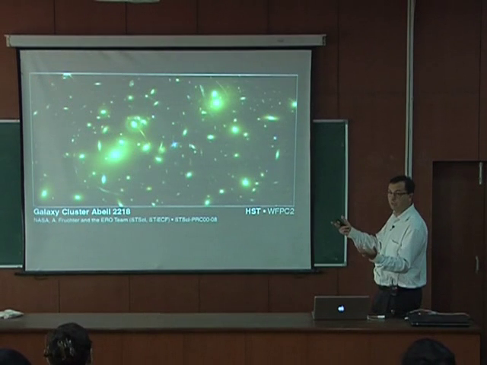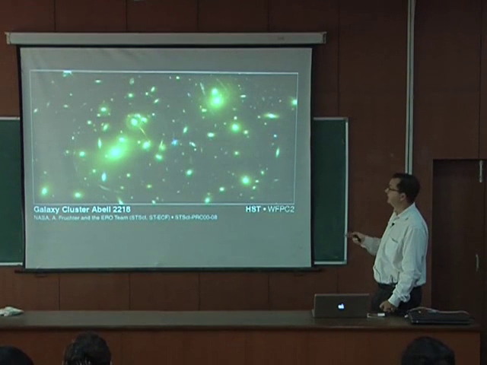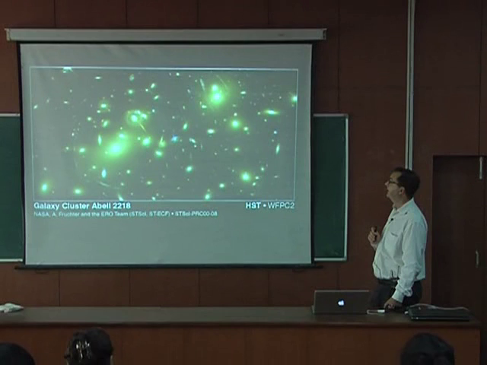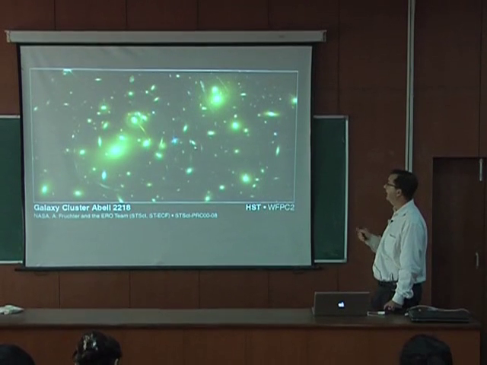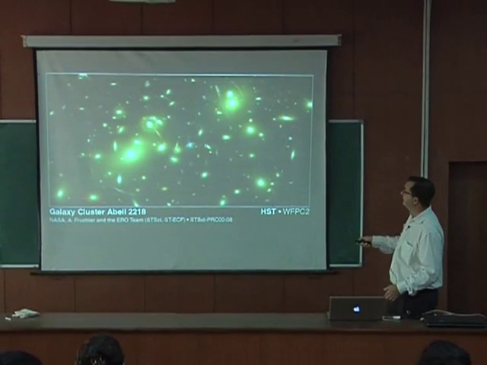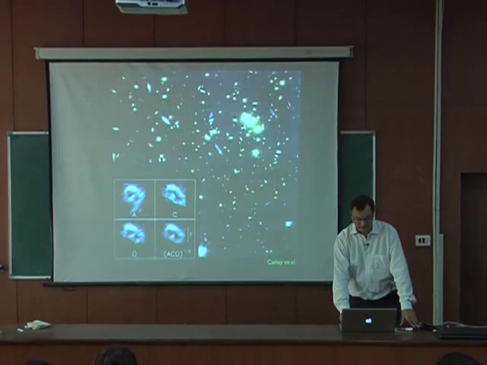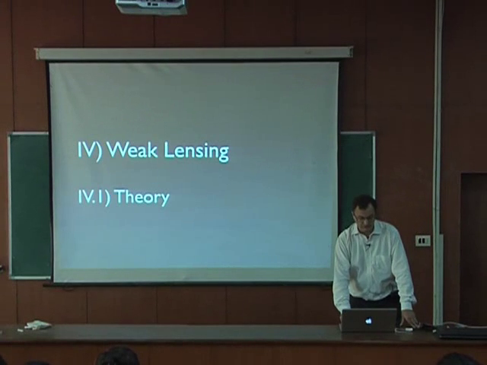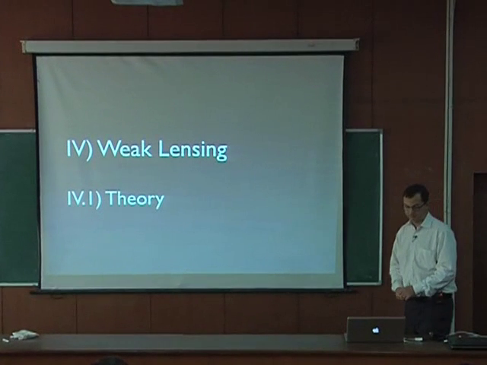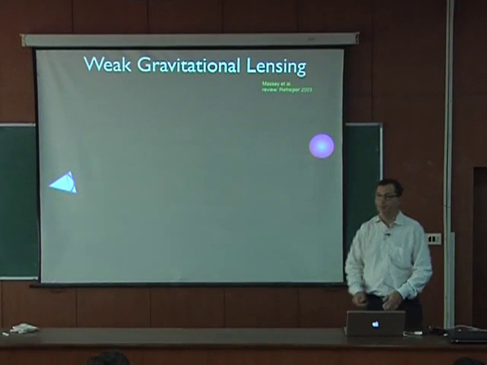In fact, sometimes you can't even see them by eye, but they can still be there, and as I'll show you, we can statistically detect it and map the dark matter or the mass even in regions where the lensing is weak, okay? And that's what we call weak lensing, and that has very important cosmological applications. So first, let me tell you about the theory or the principles of weak lensing.